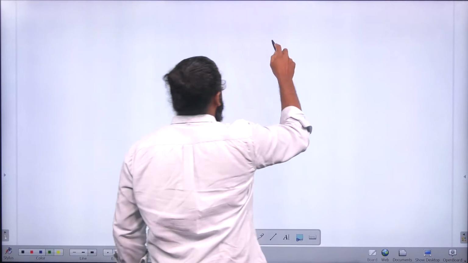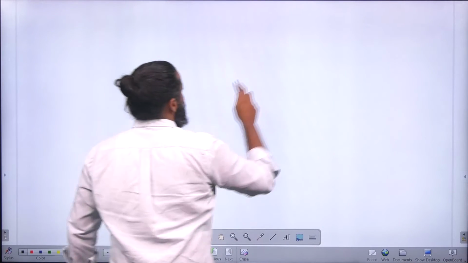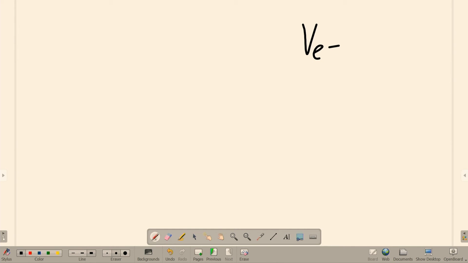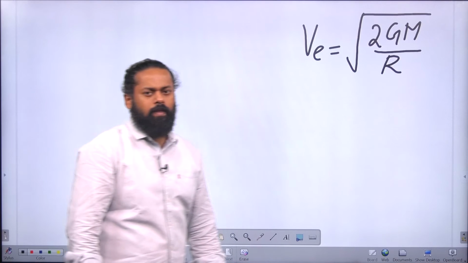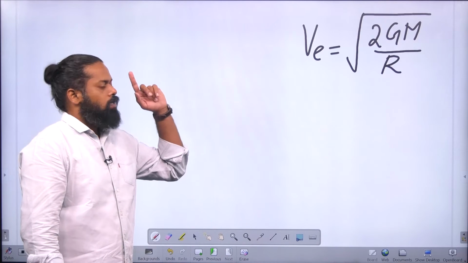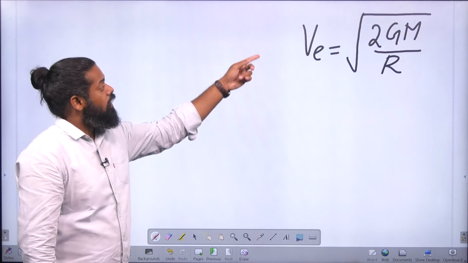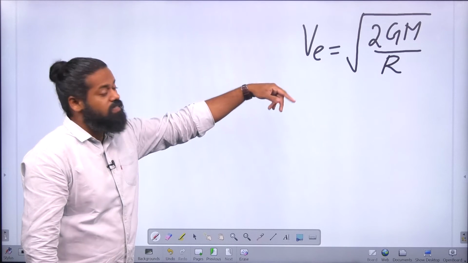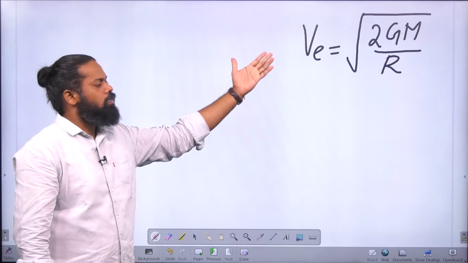So ve is equal to root of 2GM by R. In this question, the radius is 4 times.